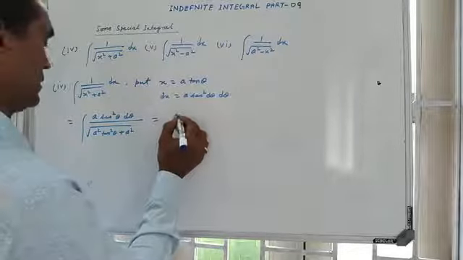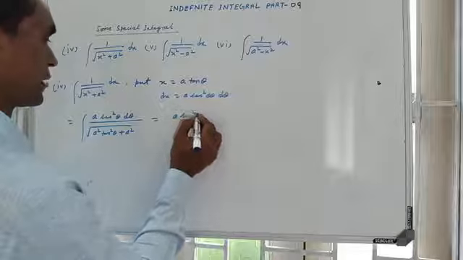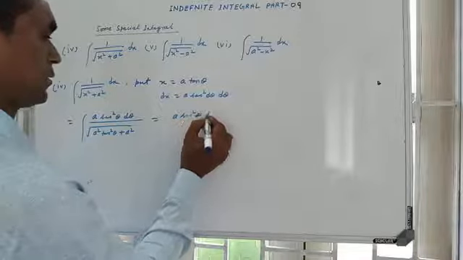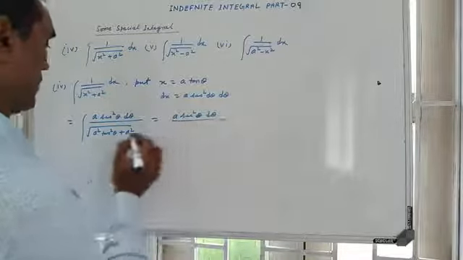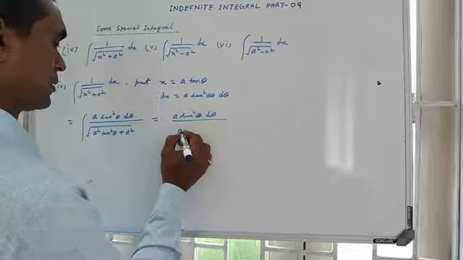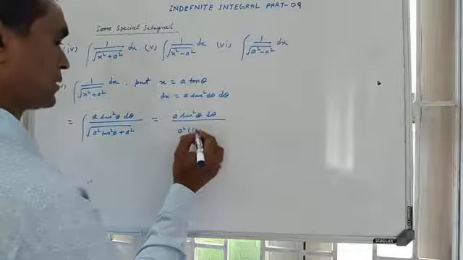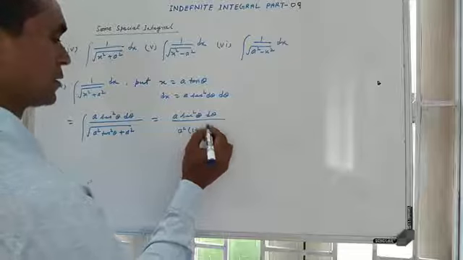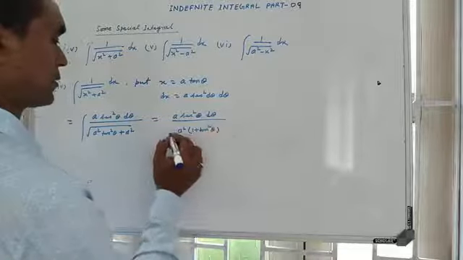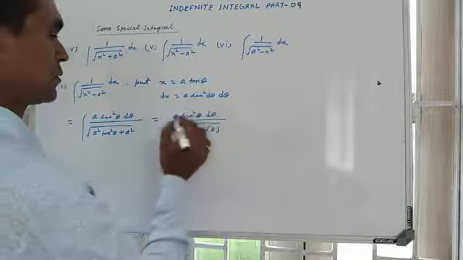Now a sec square theta d theta by root of a square common, 1 plus tan square theta.